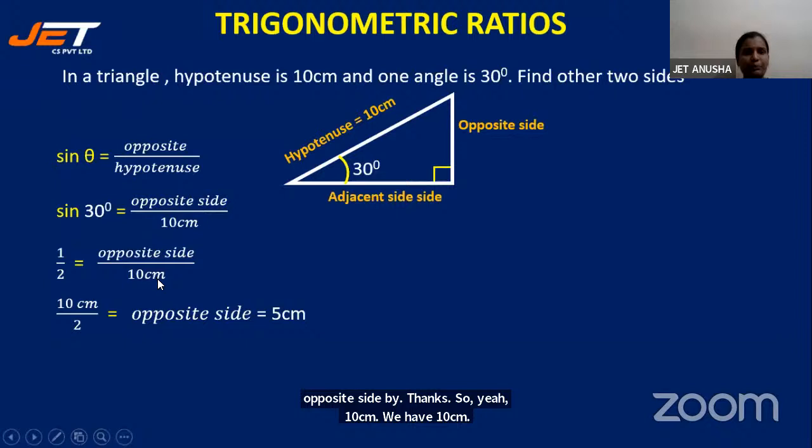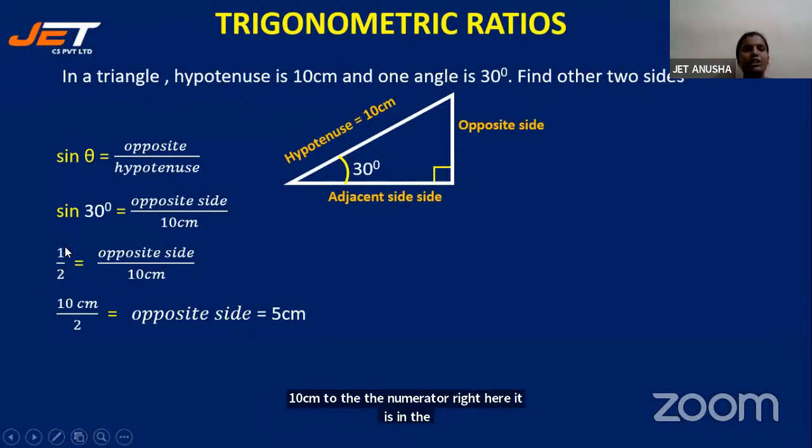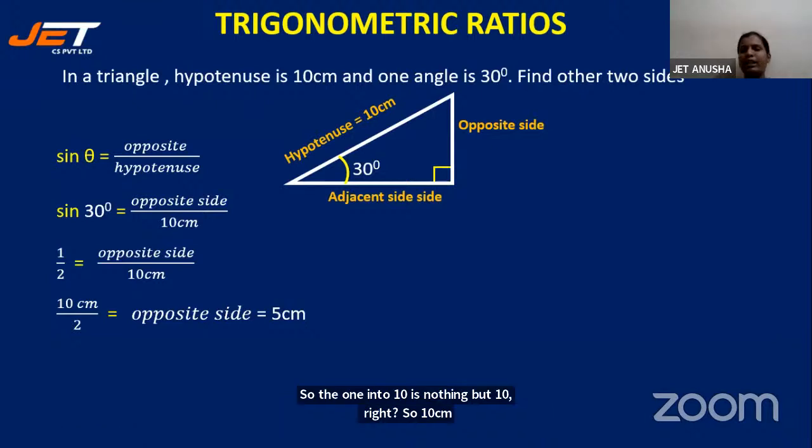So if you are transposing this 10 centimeters to the LHS side, it will be in the numerator, right? Here it is in the division, so it will become multiplication. So 1 into 10 is nothing but 10, right? So 10 centimeters by 2, that is nothing but the opposite side. So 10 centimeters by 2 is 5 centimeters, right?